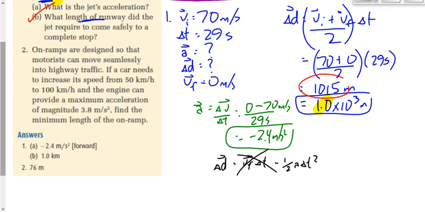So D becomes equal to negative 1/2 AT squared. We have D, now we do, it's 1,015. We have T given to us in the question. Could we solve for A that way? Absolutely, absolutely we could. And we should get negative 2.4 meters per second squared when we do that. So we're allowed to use that 1,015, but we don't have to use that 1,015. All right?